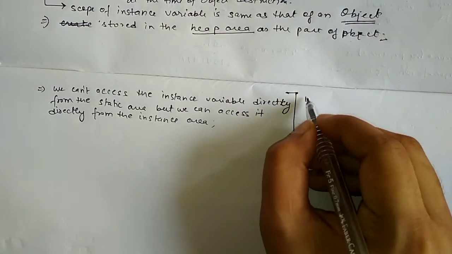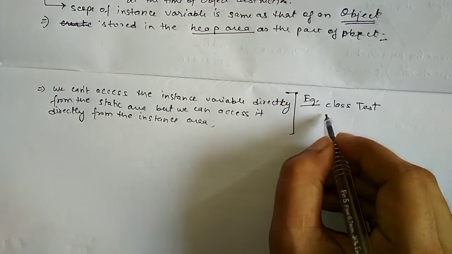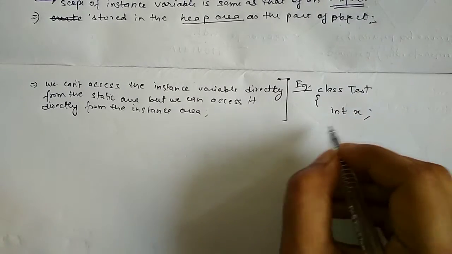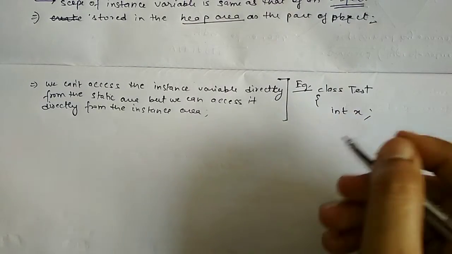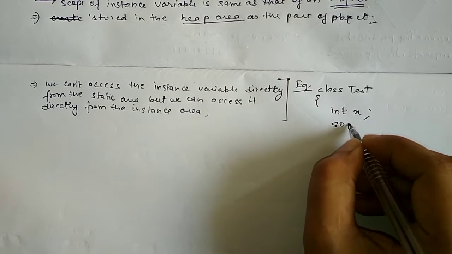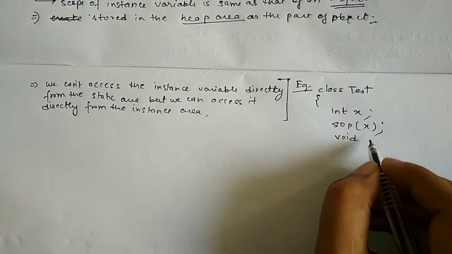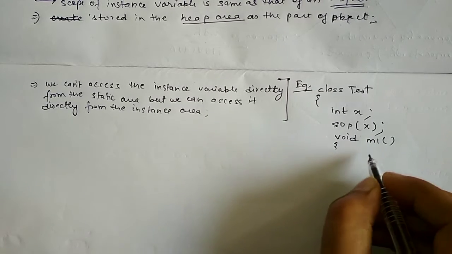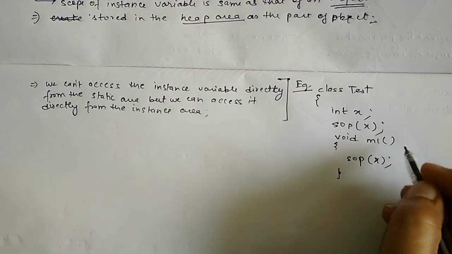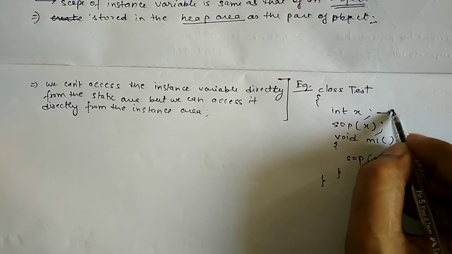Suppose let's take an example here. Class test, we created a class named test and we have an instance variable int x, and if we want to use this variable we can directly use it over here. Suppose we also create a method void m1, and inside this method I am trying to use the instance variable.